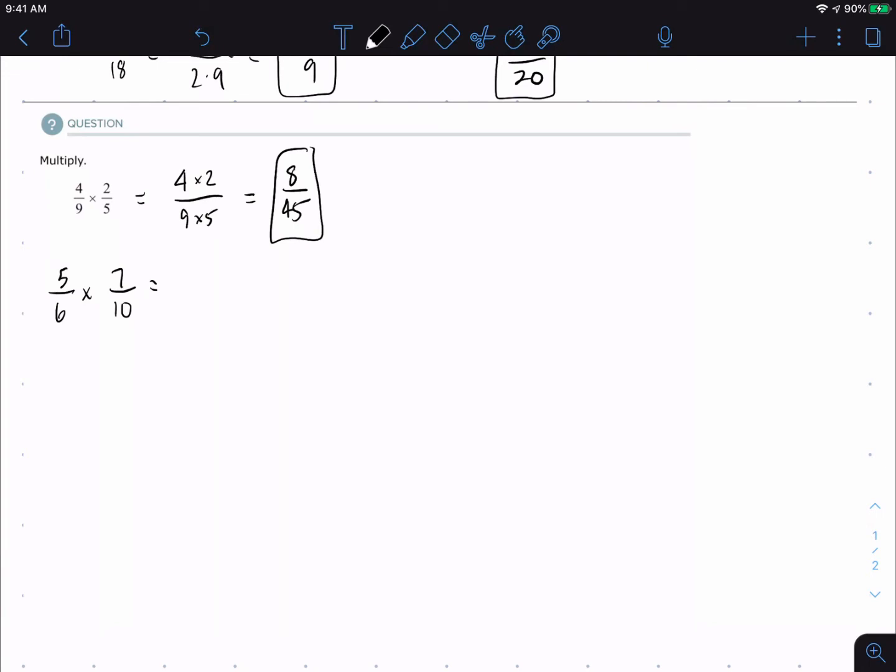If we multiply straight across, I'm going to get 35 over 60, but then that can be reduced. So I'm going to show you a faster way to do this. That would have been 7 over 12, I believe, is the answer.